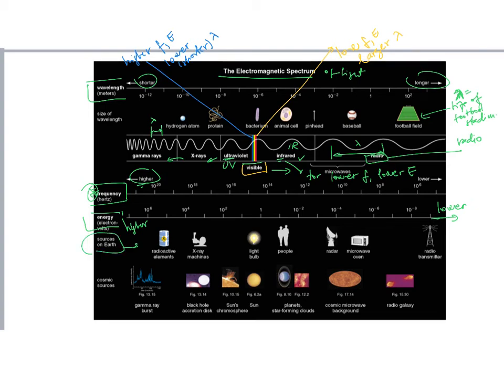For example, for the visible light, you're familiar with the light bulb. Sources of infrared, that's us or your pet if you want. Again, sources of microwave, radio, obviously sources of X-rays will be the X-ray machines, that's what they create, and so on. And then we also have the cosmic sources, about which we are going to talk for the next few chapters, and therefore the next 3 weeks.